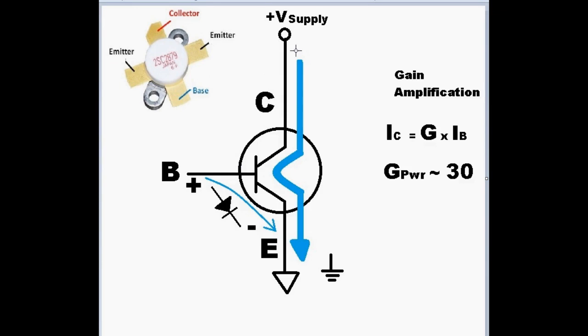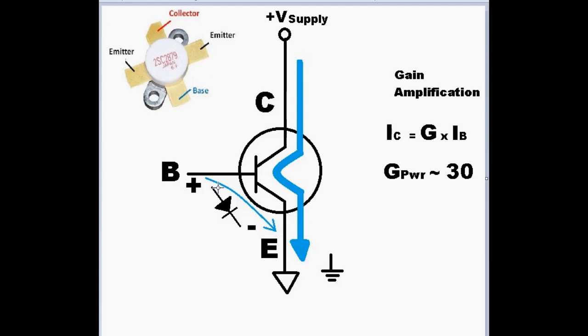When current starts flowing from the base to the emitter through the diode junction, it opens a pathway to allow the higher potential supply voltage to see the ground terminal, and a strong current will flow from the supply through the collector, as shown here, pulling in towards the transistor, which is why I've drawn it as a little dipping curve, and down to the emitter.